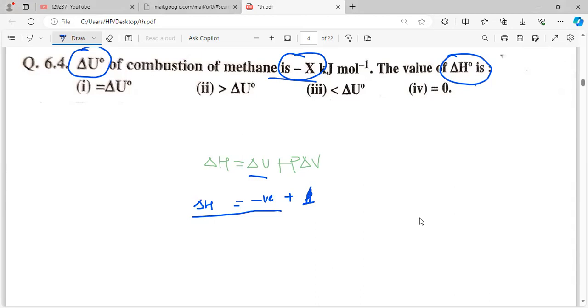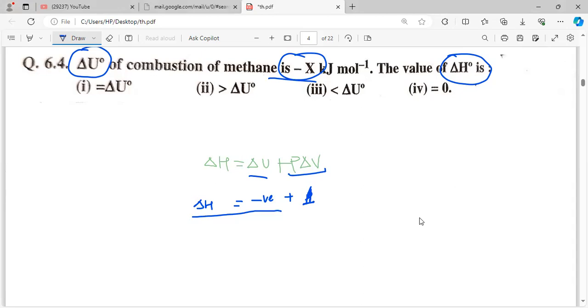And any other relation which we can write? Because this cannot be 0, right? Yes, sir. So delta H should also be negative. It should also come negative. Let me check in the book. It should be negative.